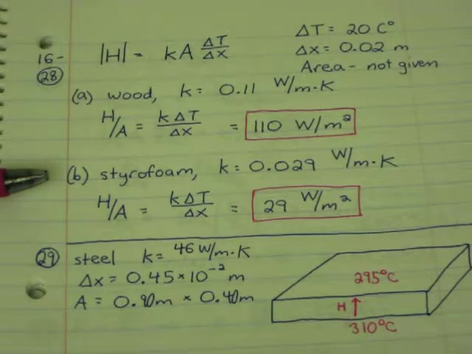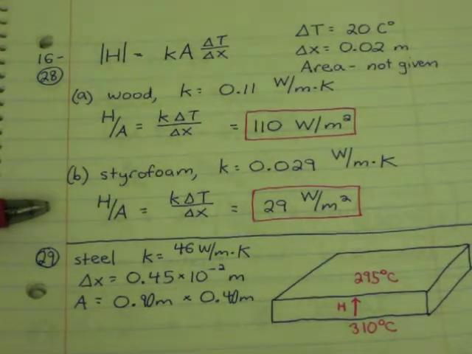And by the way, that K is thermal conductivity. So what we get is 21 watts per meter squared. Styrofoam is a good insulator, much, much better than the wood, so you see it has a lower rate of heat flow.